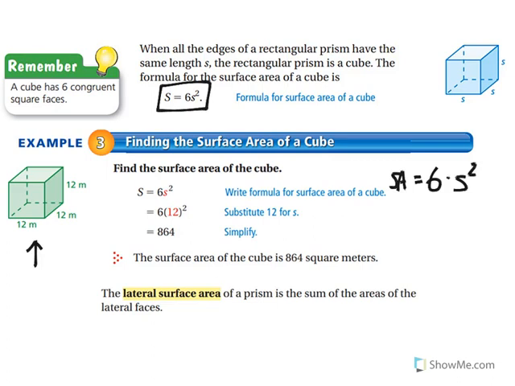And so all we have to do is plug in our value, which is super easy. So we're going to do 6 times, in this case, 12 squared. Just put that into your calculator. We end up getting 864. And it's going to be meters squared.